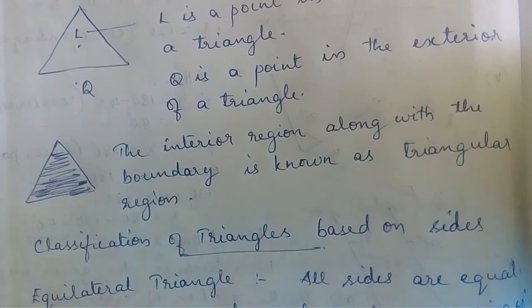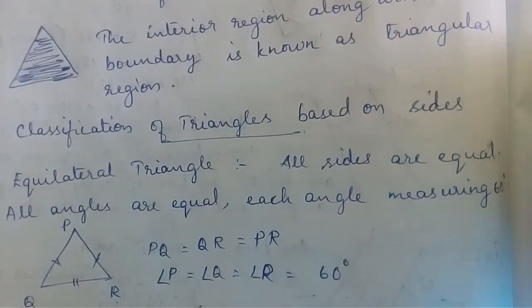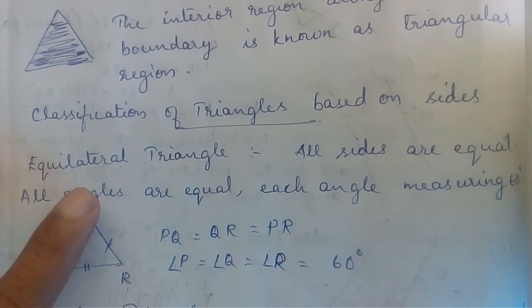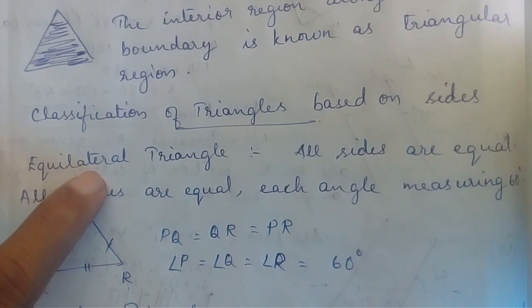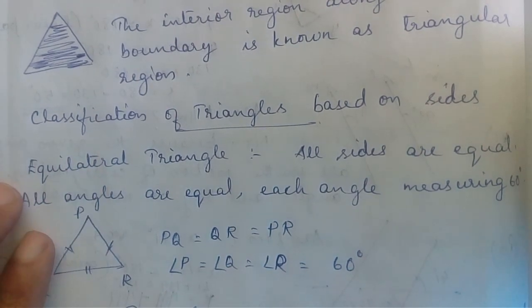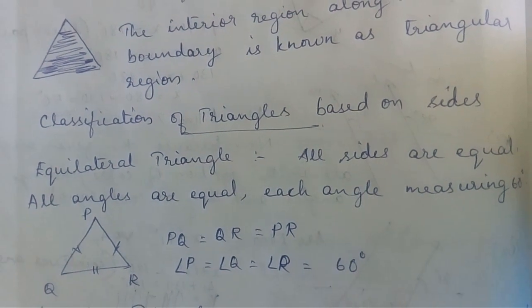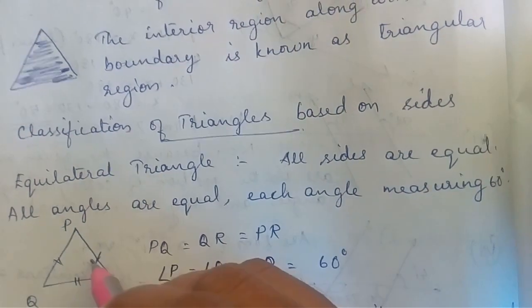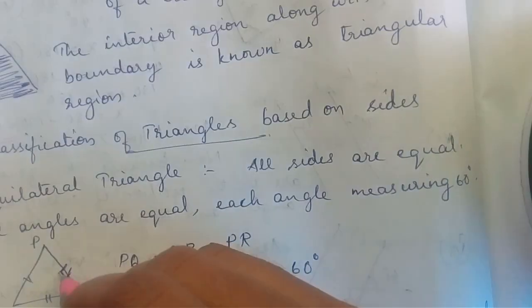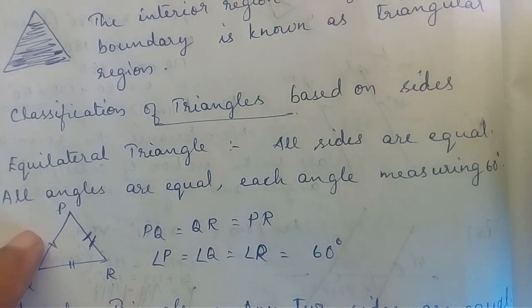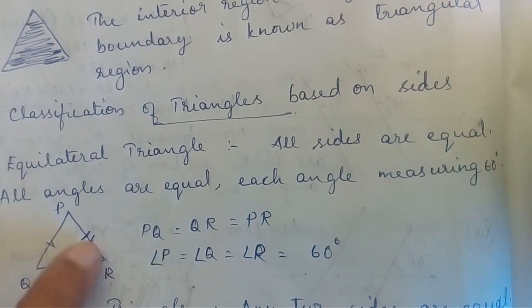Okay. Now we can see classification of triangles based on sides. We already studied that. That is equilateral triangle, which means three sides of the triangle are equal. Here I draw one triangle and the symbol used to represent the equal sides, I just put equal symbol here on the three sides.